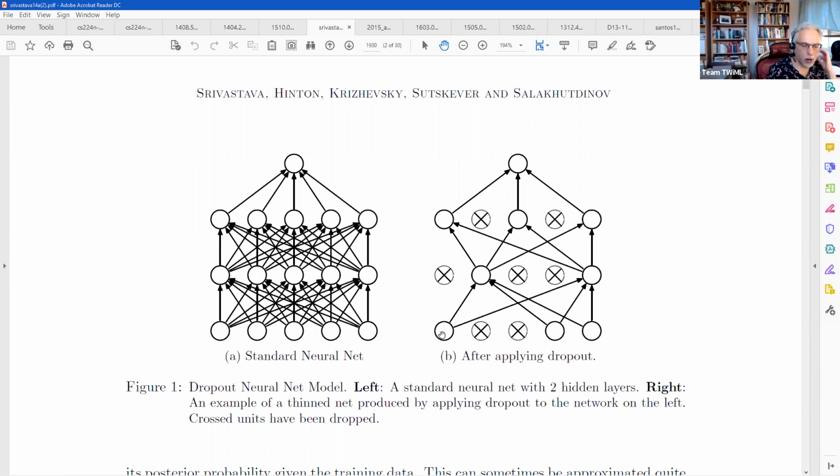If it's 1, you keep the node. If it's 0, you strike the node and don't use it in the forward and backward propagation. And then at test time, you use all the nodes.